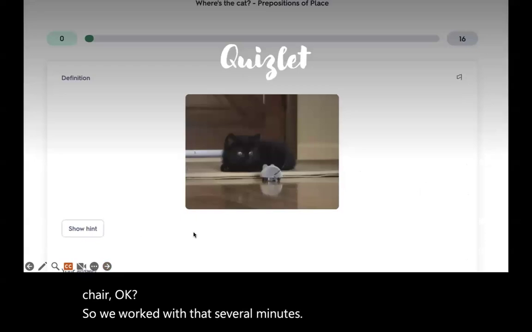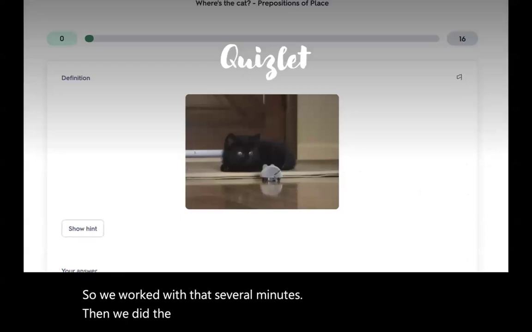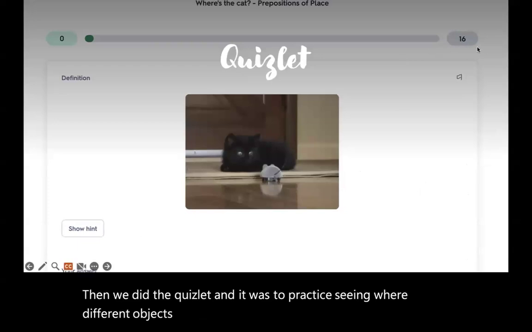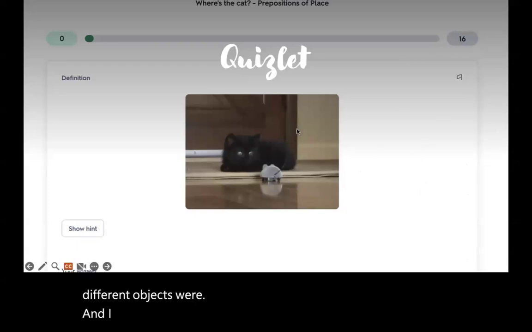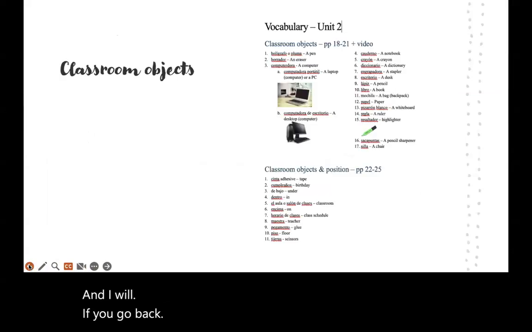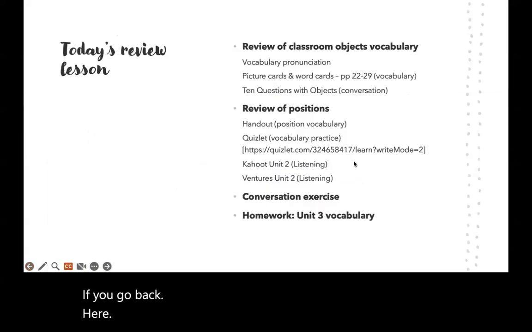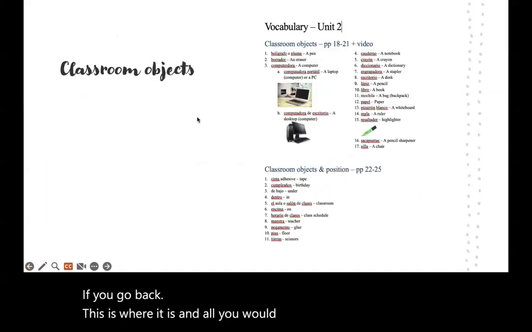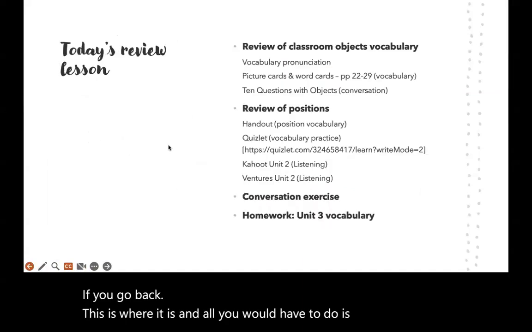Then we did the Quizlet, and it was to practice seeing where different objects were. If you go back here, see, this is where it is. And all you would have to do is, well, it moved. Okay.